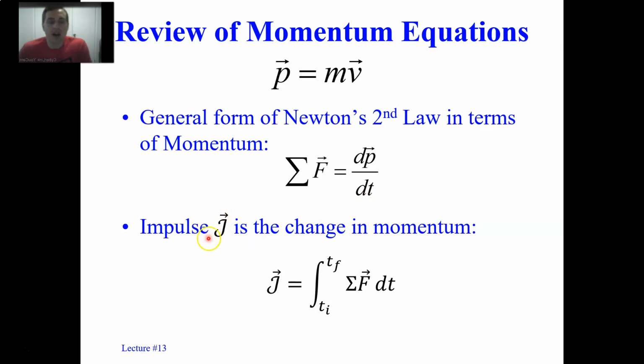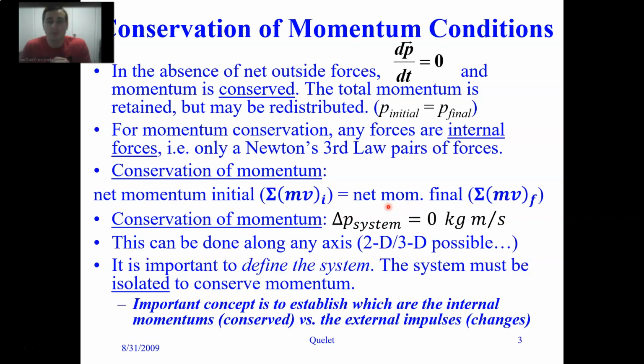I vector, the change of momentum, that's the impulse, is the time integral from t initial to t final of sigma F vector dt. Remember, sigma F vector is the net force. Remember, the generalized version of Newton's second law also says that the net force can be thought of as the change in momentum with respect to time. That is, either mass or velocity, or both, could be changing.